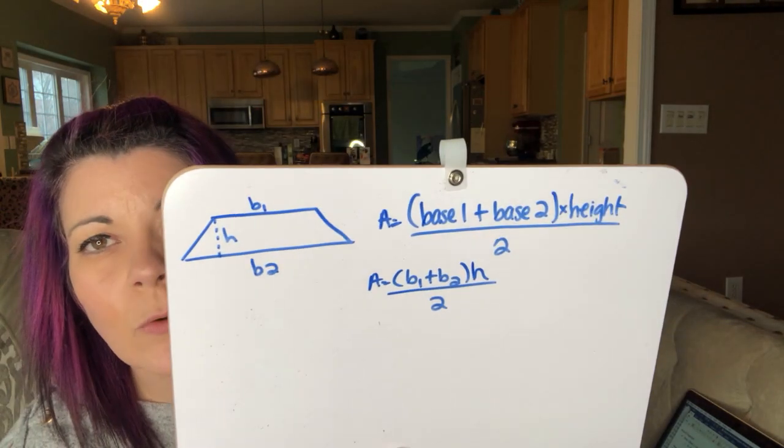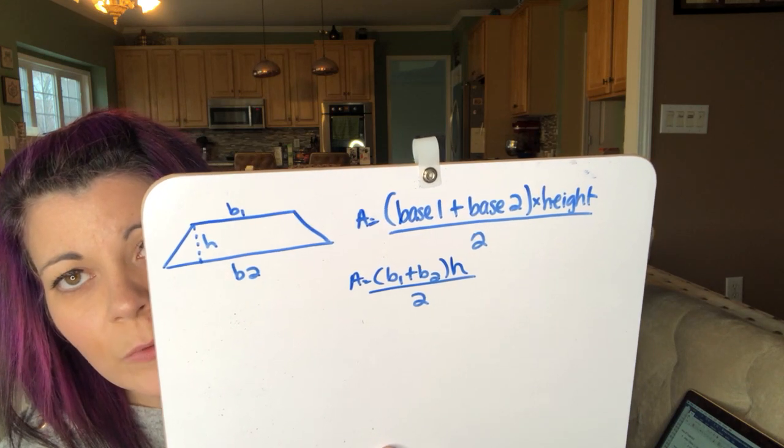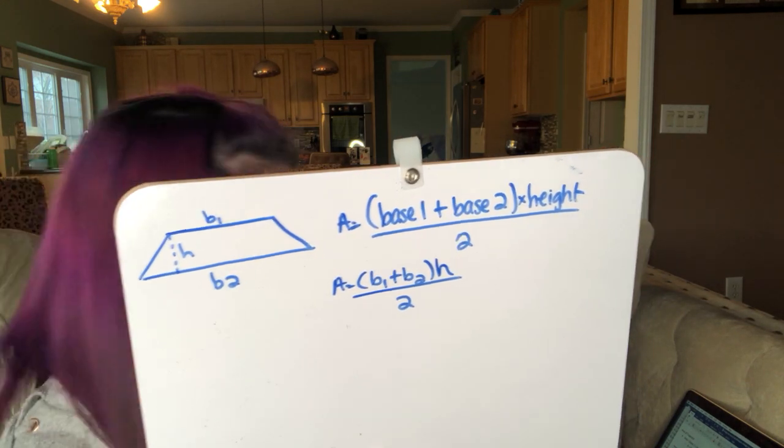So area equals B1 plus B2, that's base 1 plus base 2, times the height, all divided by 2. So there you go. There is your formula for trapezoid. Base 1 plus base 2 times the height, all divided by 2.